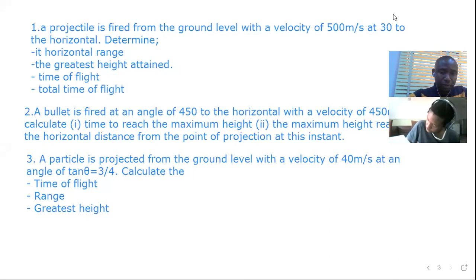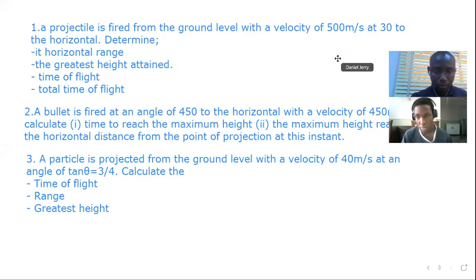What formula did you use for number 3, the time of flight? Use sine theta over g. Okay, so what's your theta? 36.9.